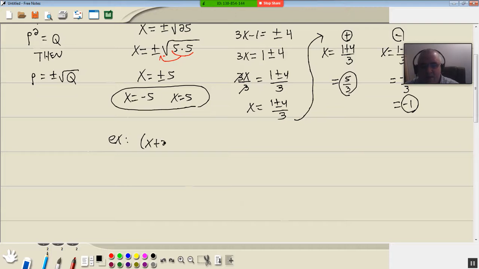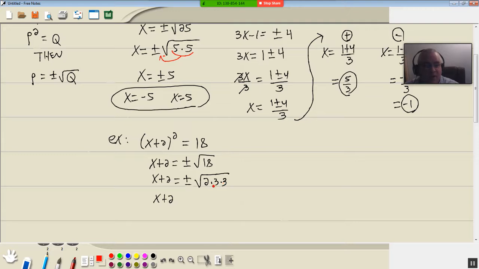Let's say I had x plus 2 squared is equal to, let's see, 18. Well, the square root property says we drop our squared, and we put a plus or minus square root on the other side. Sometimes the radical doesn't disappear. In this case, the prime factorization of 18 is 2 times 3 times 3.